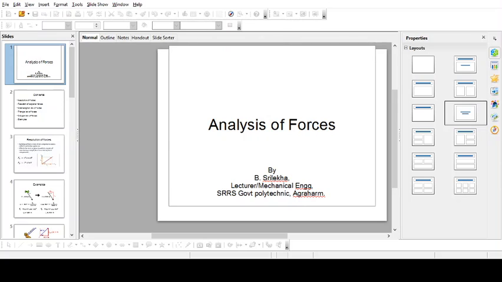Next comes the polygon law of forces. If a number of forces are represented by the sides of a polygon, then the resultant is represented by the closing side of that particular polygon. These can be used for the graphical method of finding the resultant.